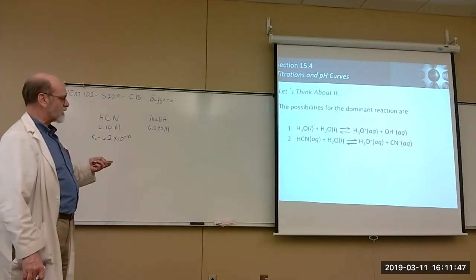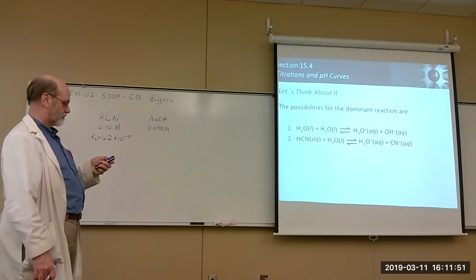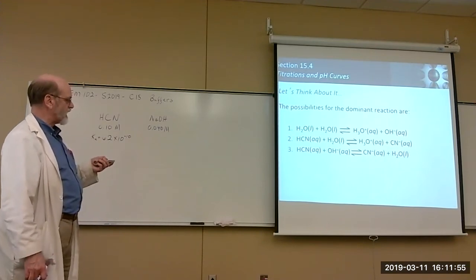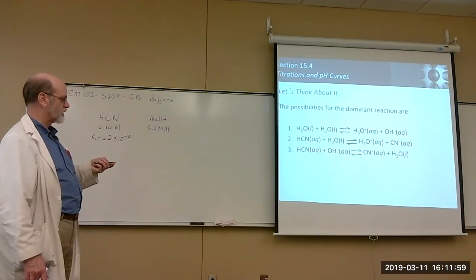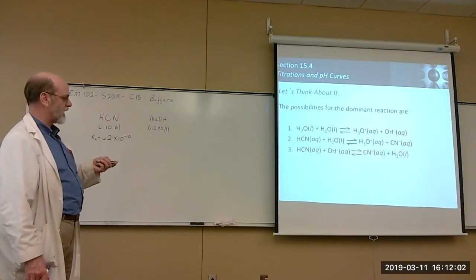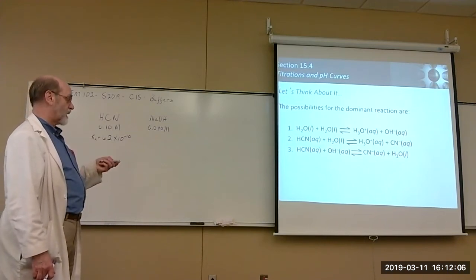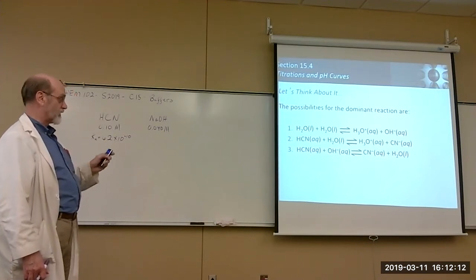We have hydrogen cyanide reacting with water. Can we say that hydrogen cyanide and hydroxyl react with one another to produce cyanide ion and water? Well, hydroxyl ions are a very strong base. This is a weak acid, so that's a possibility.